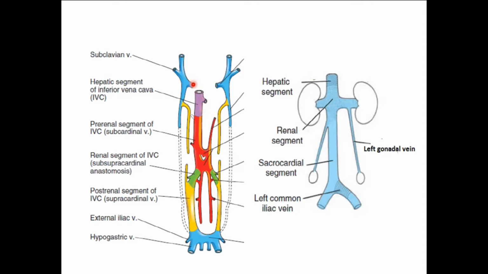Otherwise, the hepatic segment is same, and then we have the renal, which is more or less the same. Only difference lies over here. So, if you are reading from the Langman and the KLM, you shouldn't be confused about this portion of the development.